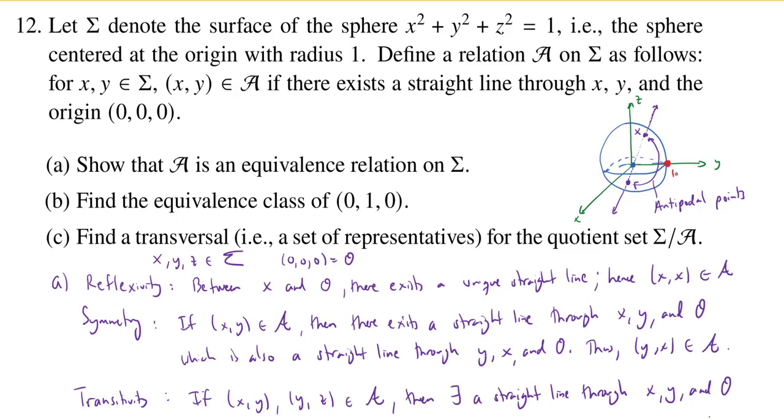It means you need to be on a line that passes through this original point as well as the origin. And there's only one such line. It's going to hit exactly the opposite side of the sphere at the point (0, -1, 0). So this equivalence class for the point (0, 1, 0) just has 2 points, itself and its antipodal point, (0, -1, 0).